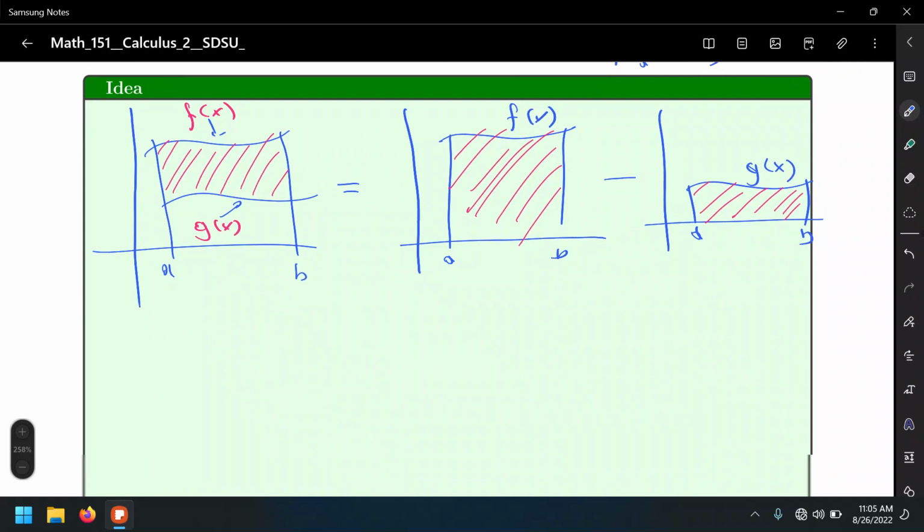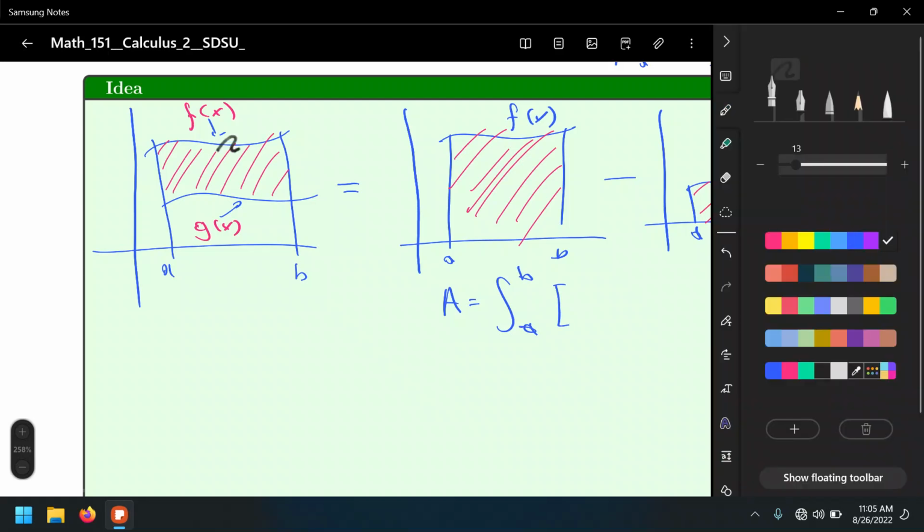If we were to set the area of this region bounded by f and g, that will be the integral from a to b of the top function minus the bottom function.